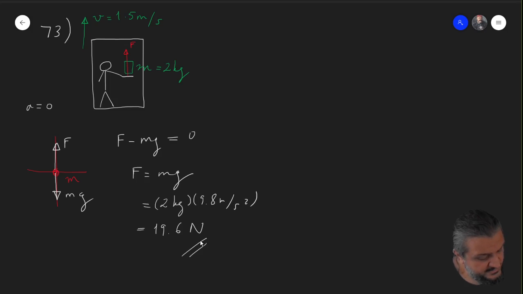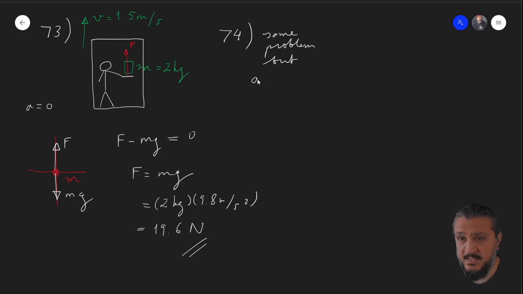Now, let's modify this problem slightly, and that will be number 74. Now we have acceleration. The same picture, same problem, but a is not 0.